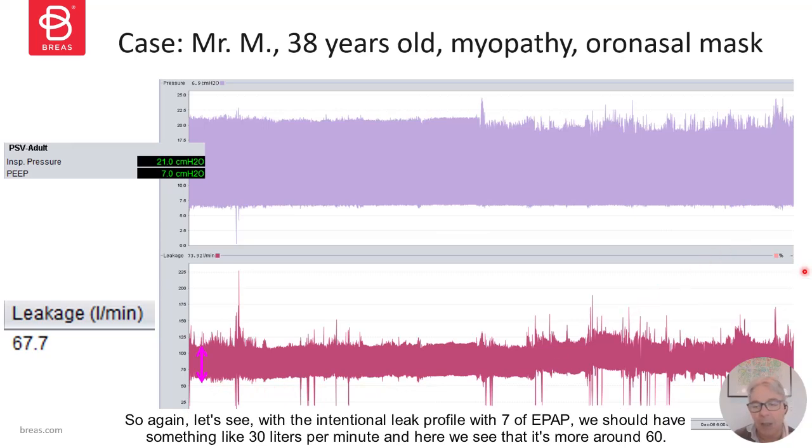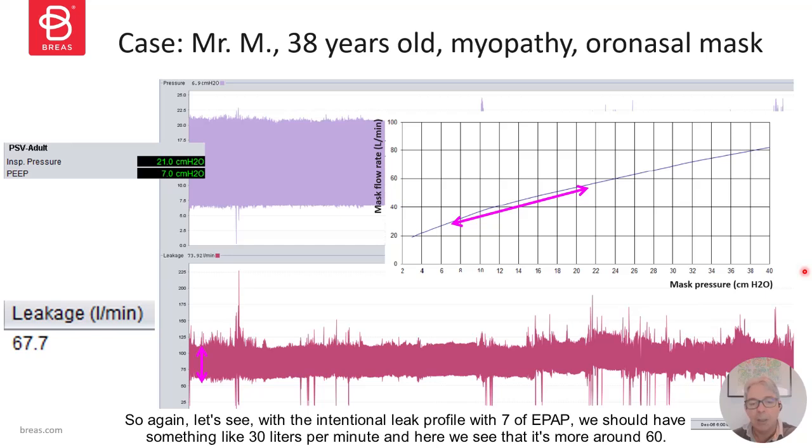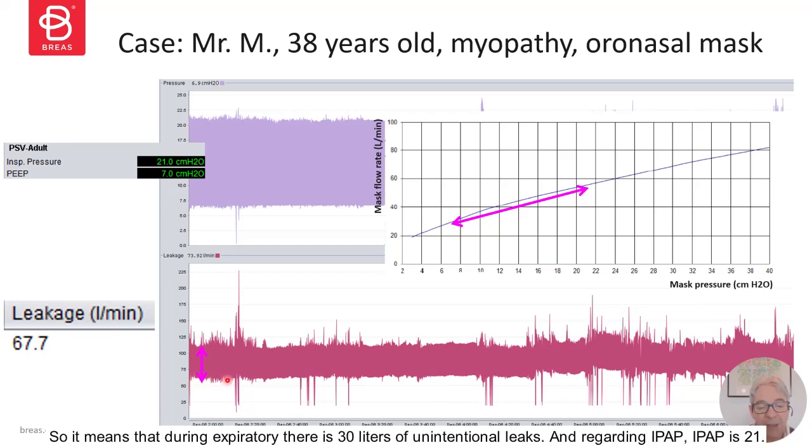So again, let's see with the intentional leak profile: with 7 of EPAP, we should have something like 30 liters per minute. And here we see that it's more around 60. So it means that during expiration there is 30 liters of unintentional leaks.